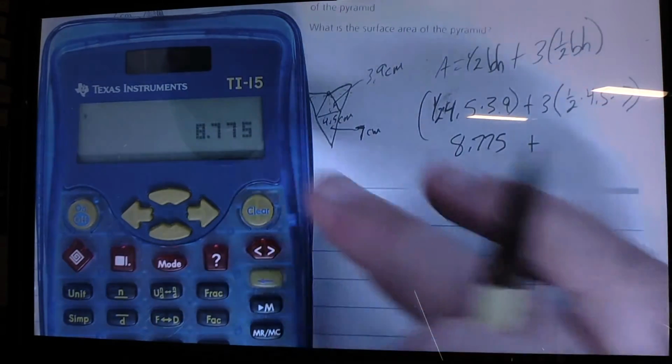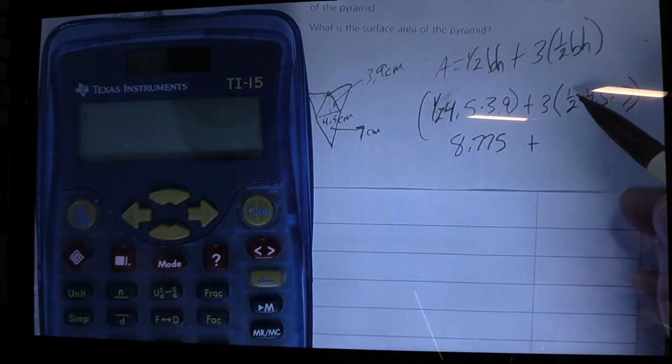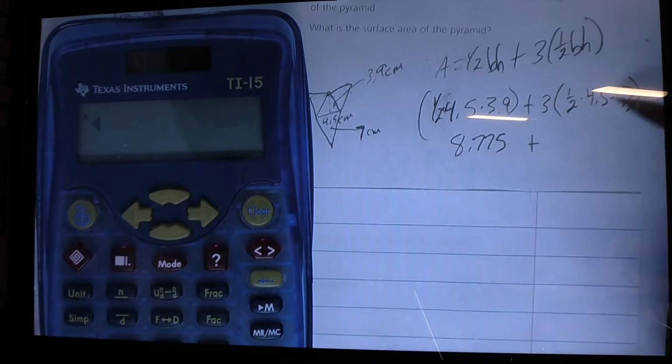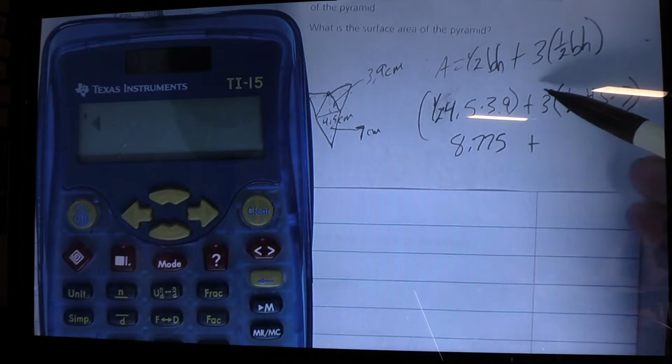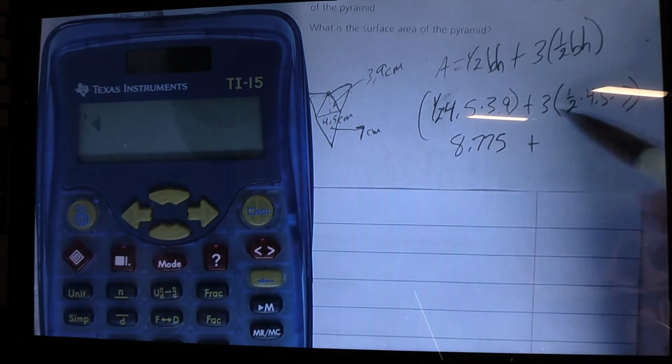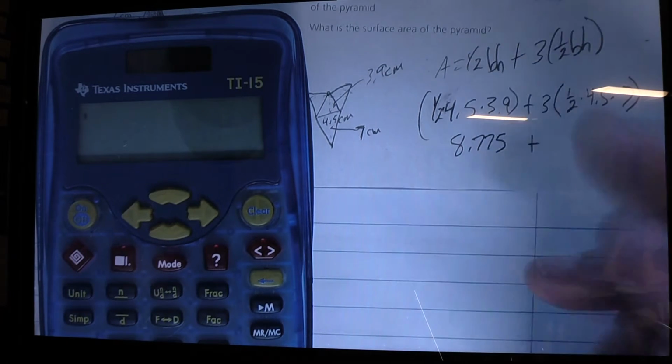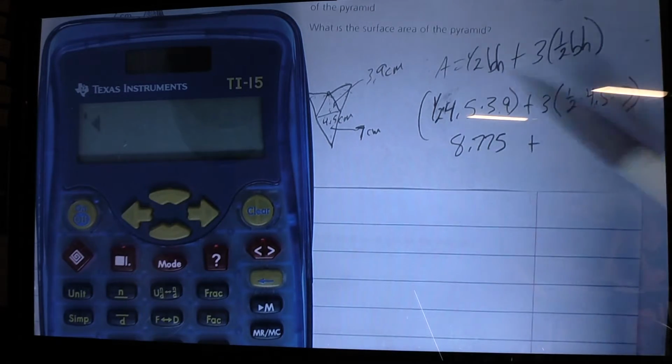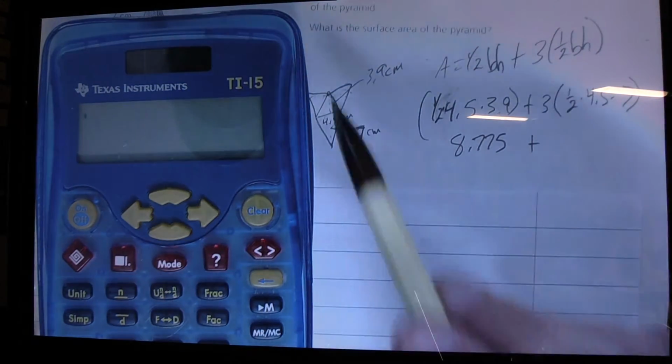All right, now first I'm going to find the area of just one triangle and then multiply it by 3. Because I've said before, if you try to plug in this big long expression here, it's not going to tell us the answer. For some reason we get an error that pops up on these TI-15s.